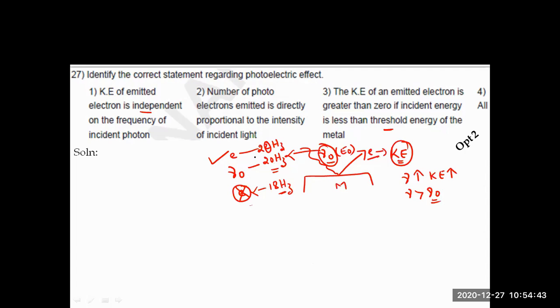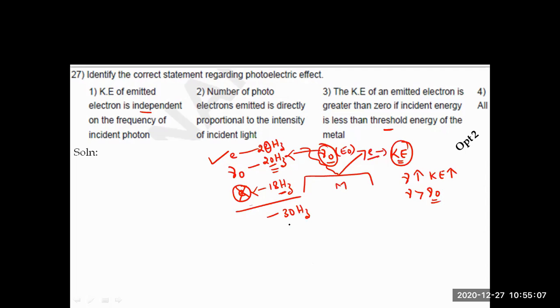Is that okay? 20 hertz is required to remove the electron. The 2 hertz extra, beyond threshold frequency, will be imparted to the electron to move it with a certain amount of kinetic energy. Now let's take one more case. Let's say radiation falls onto the metal surface with 30 hertz.